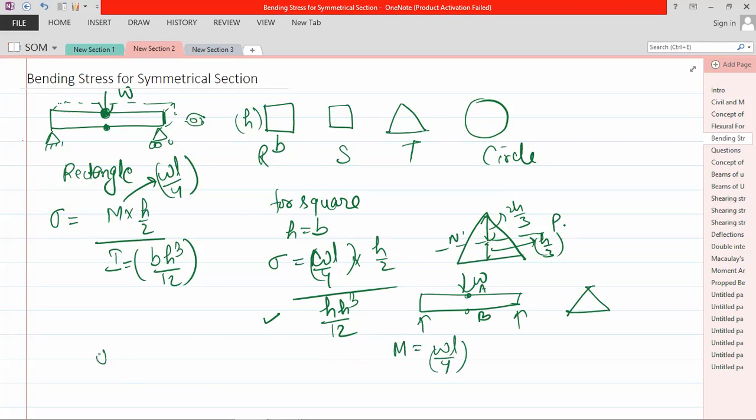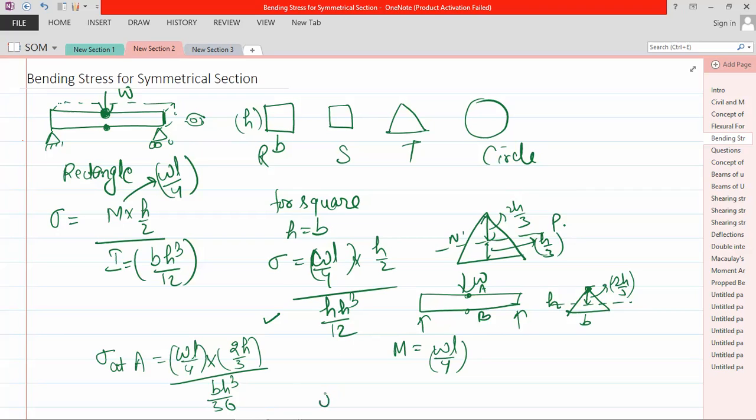So sigma at A is equal to WL by 4 into what is now y. From the neutral plane, the top is at 2h by 3, so it is 2h by 3 divided by I. I for the triangle, if this is B and this is H, is BH cube by 36 along its center of gravity.